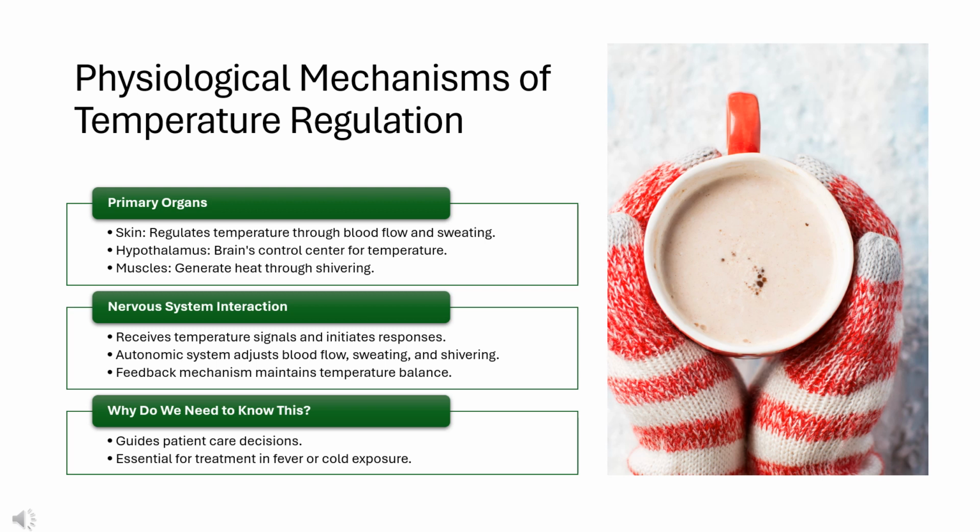On the flip side, when it gets cold, these vessels tighten up and narrow, which we call vasoconstriction. This reduces the blood flow through the skin, helping to keep our body heat from slipping away. So the skin does a lot more than just hold everything together. It plays a crucial role in keeping our temperature balanced.